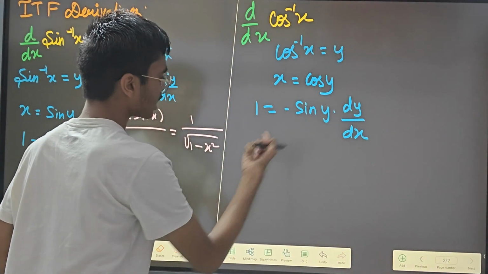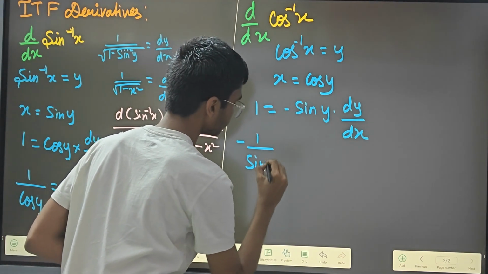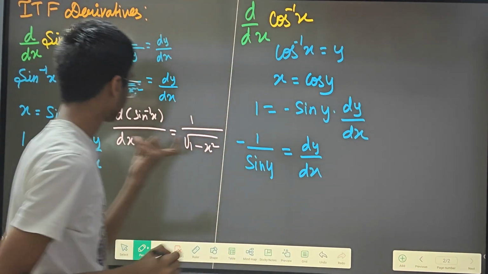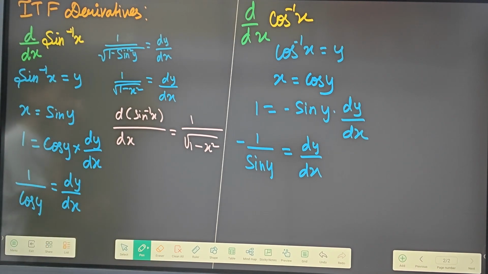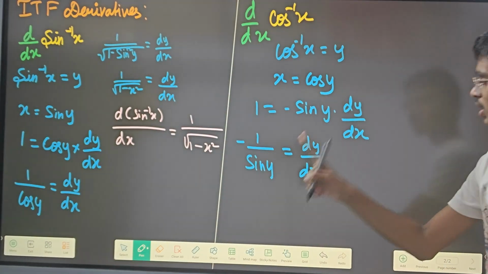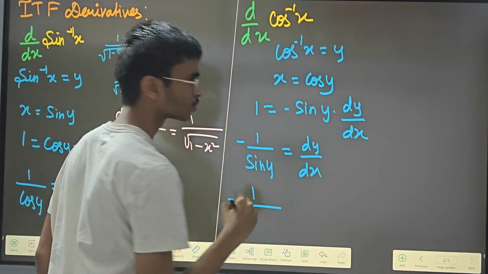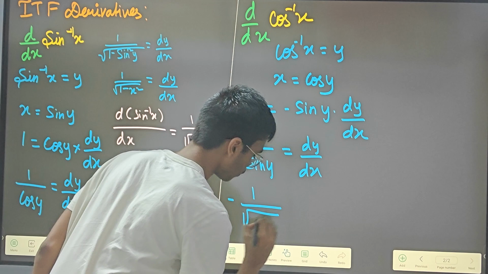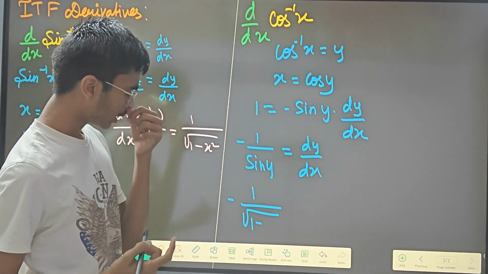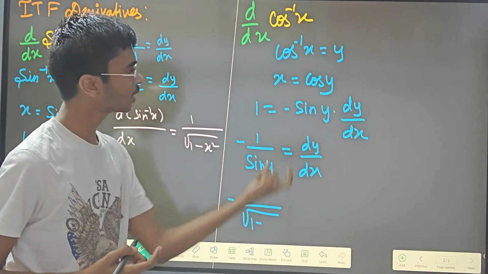So you can transpose this to here. If you are transposing it, then it will be minus 1 by sine y is equal to dy by dx. So what is the relationship between sine y and cos y? You have to change it in terms of cos y. So you can write it as minus 1 by root over 1 minus cos square y, where cos square y is equal to x square.